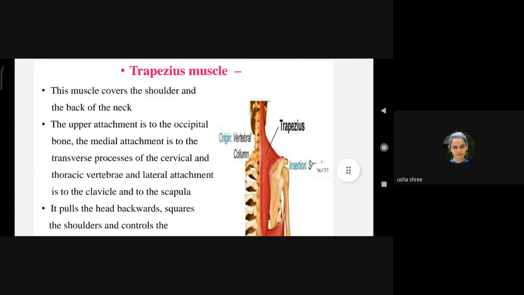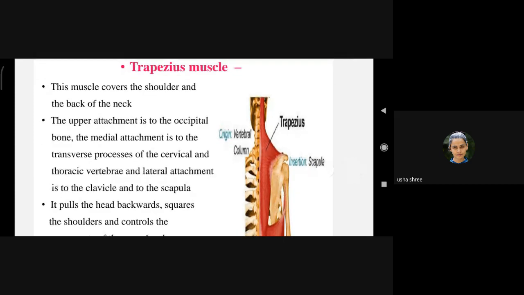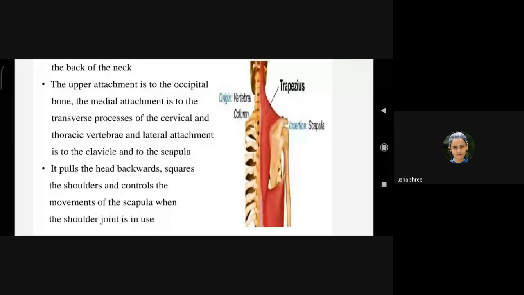And one end of this trapezius muscle connects to the scapula, right? Then it pulls the head backward, squares the shoulders, and controls the movements of the scapula when the shoulder joint is in use.